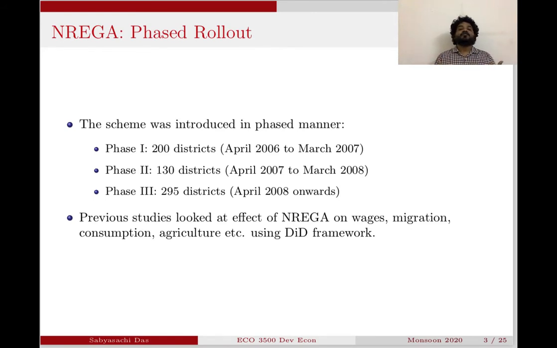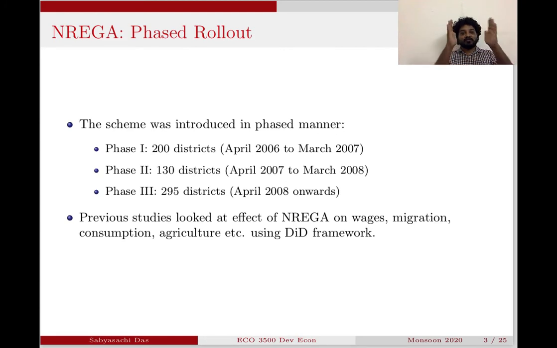Now, most of these previous studies that look at the effect of NREGA on all these things use a difference in difference framework. Why? Because you have a phased rollout. If you can imagine the map of India, certain chunks of districts come under the program in 3 different years. And so you can look at pre-NREGA and post-NREGA outcomes across districts, right?